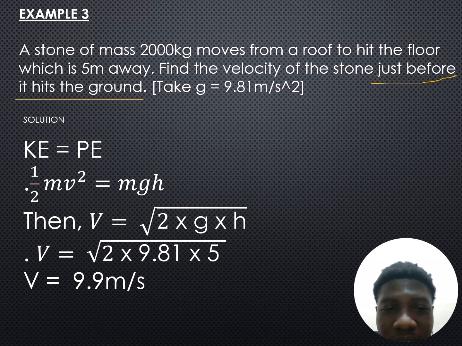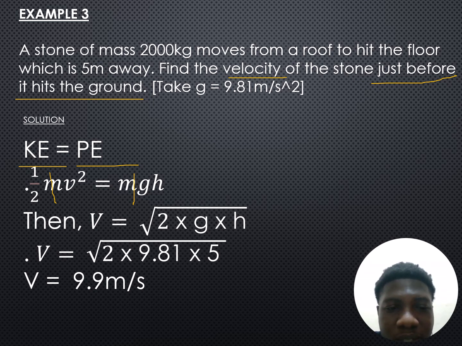The question says you should find the velocity, but for you to find the velocity, since kinetic energy is equal to potential energy, our kinetic energy, which is half mv squared, equals potential energy, which is mgh. Here you can see m is common, so we can cancel m out, which will leave us with half v squared.